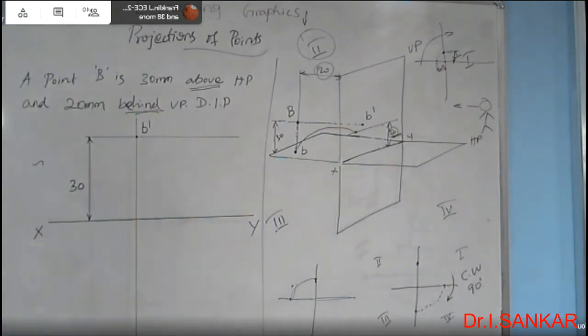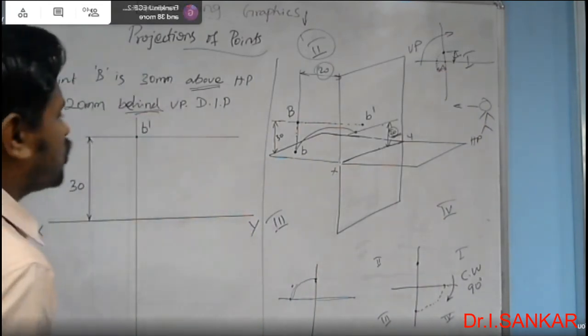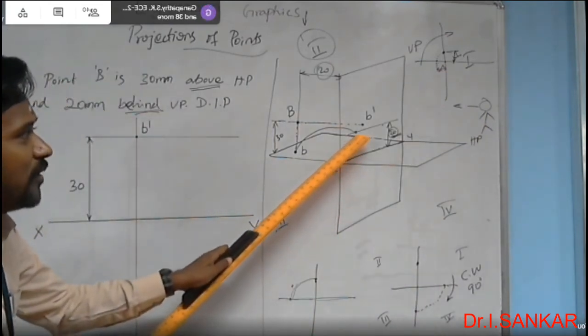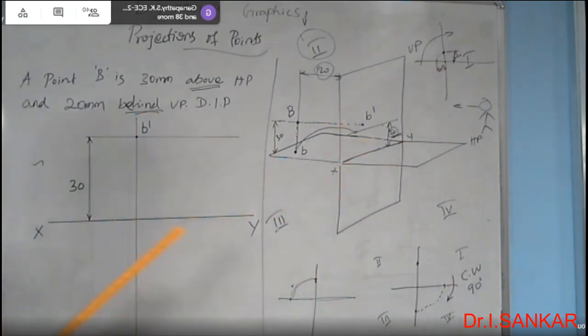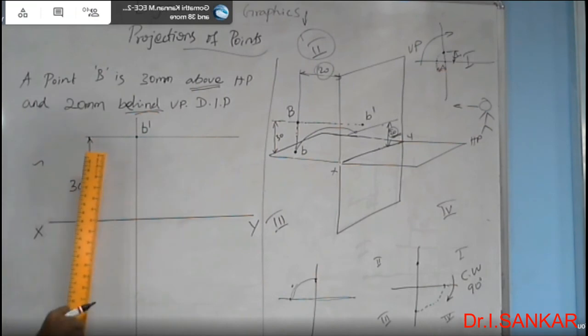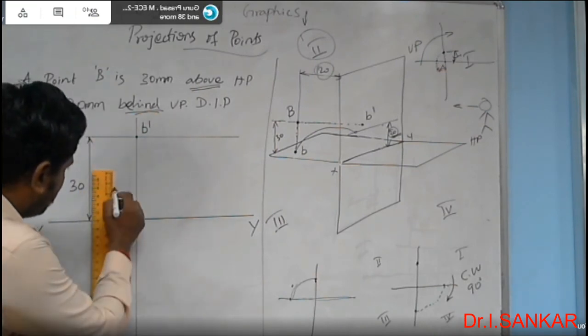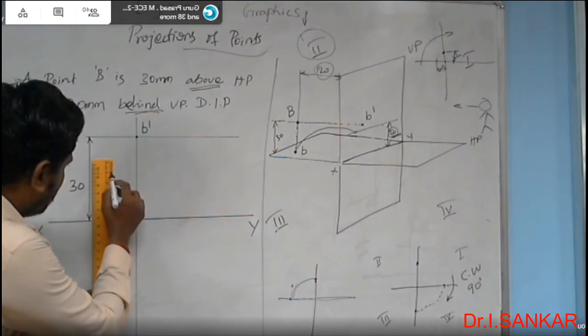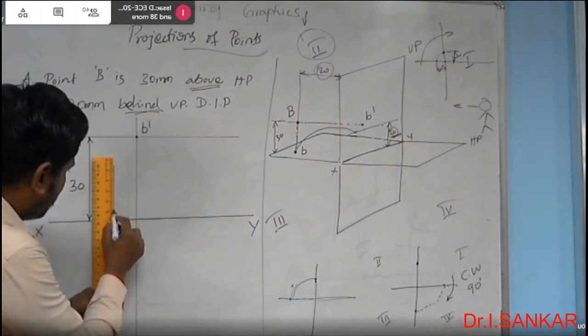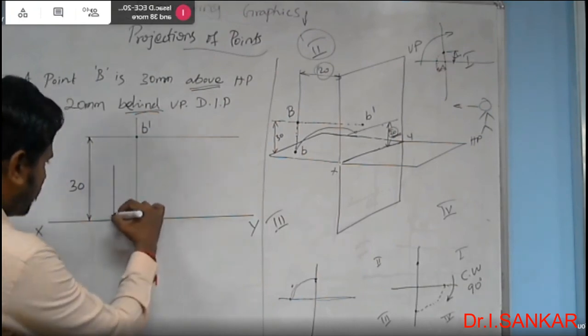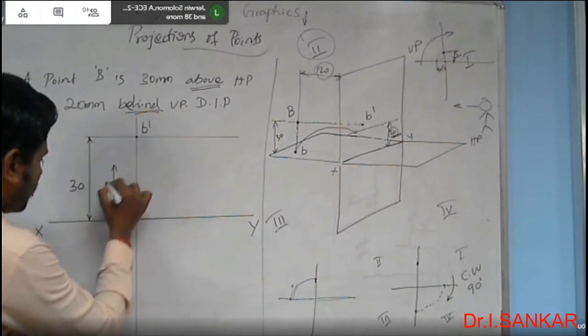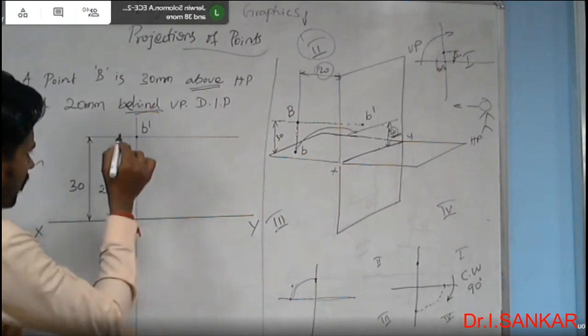So now, to draw the top view of the object, you have to measure the distance 20 mm above XY.